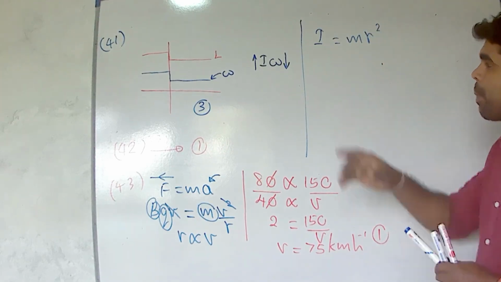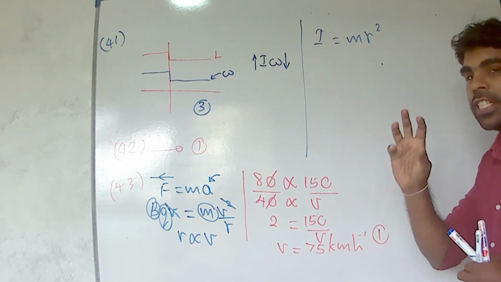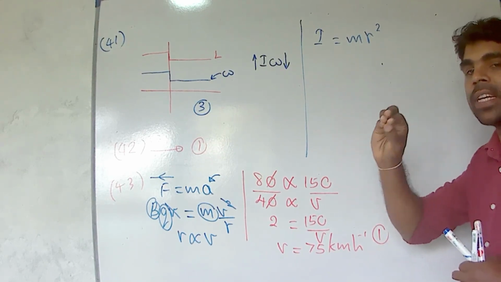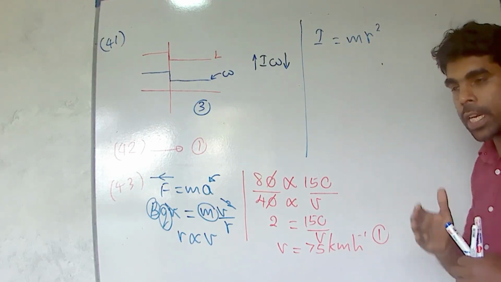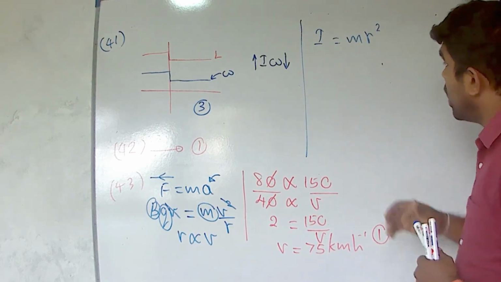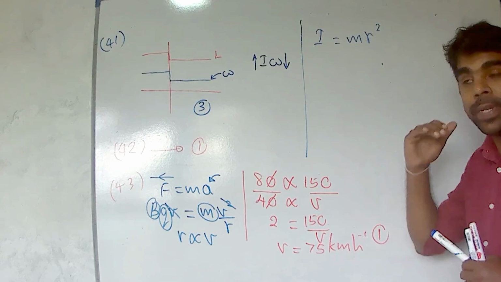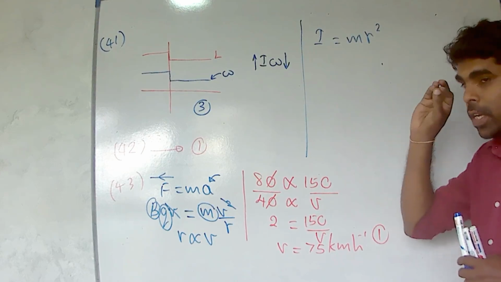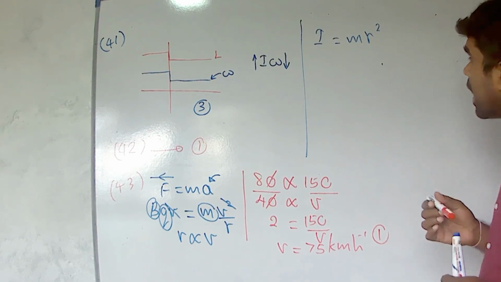When considering the rod, all particles of the rod are always Y distance from the considered axis. Therefore, we can consider it as an object which is situated at a constant distance from the given axis.